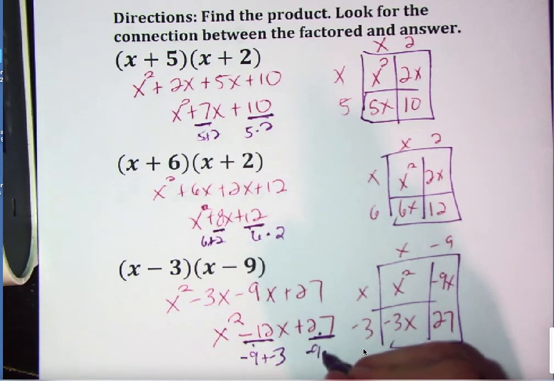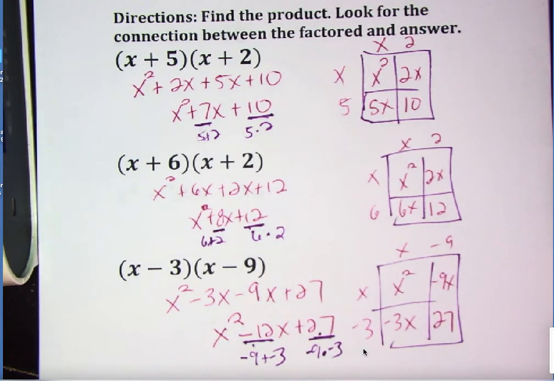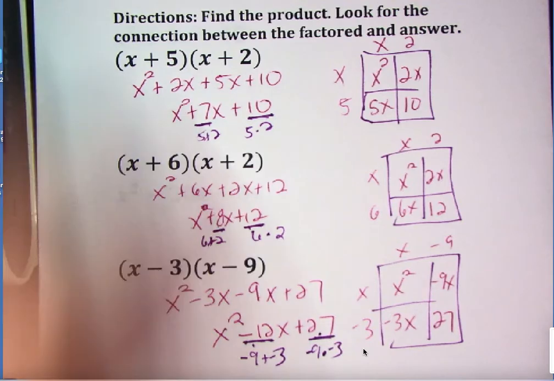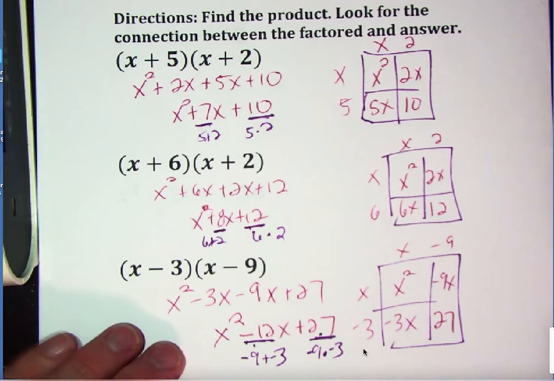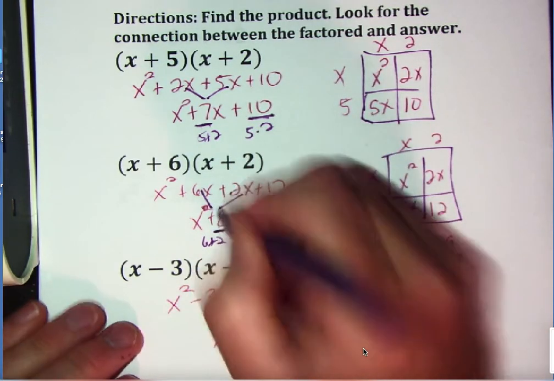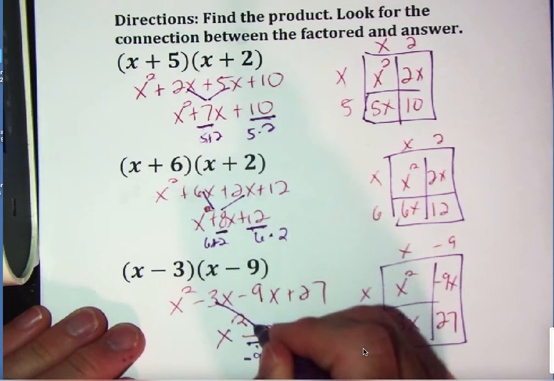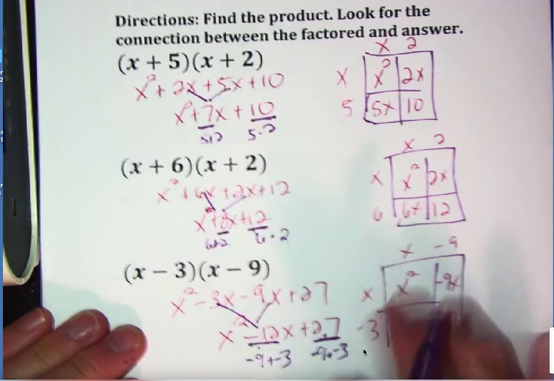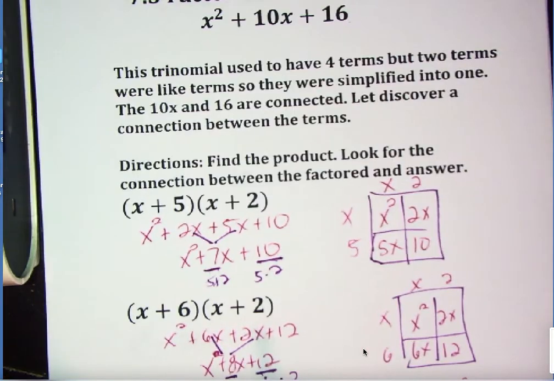Negative 9 times negative 3. What? Okay, so those middle terms and these were made the same, right? 2 and 5x made 7x. 7x and 2x made 8x. Negative 9 and negative 3 made negative 12. Sure. We can now factor this.